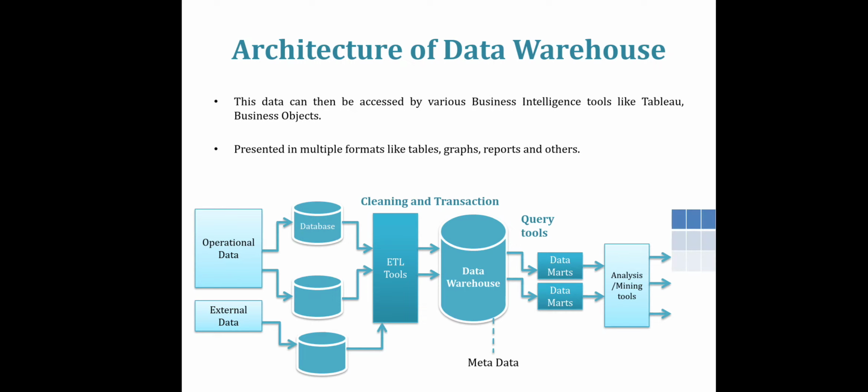It can be represented in table format, or in reports, or in different graph formats. In this way the architecture is built throughout the data warehouse processing. This phase is called the presentation layer.